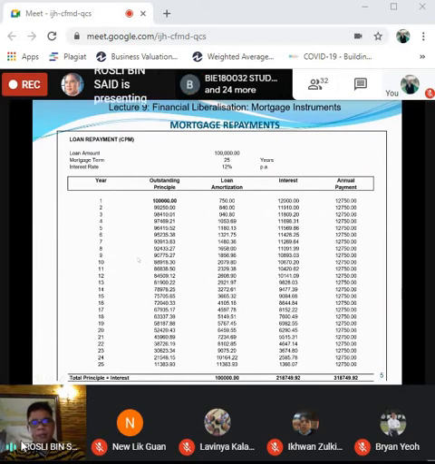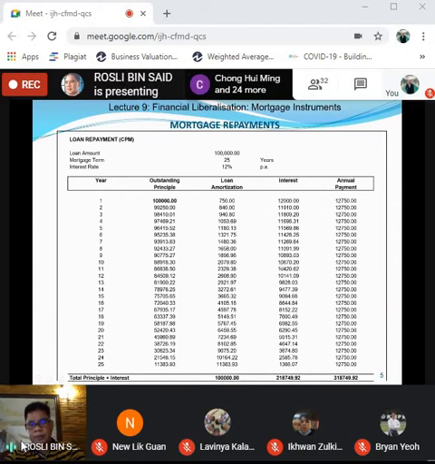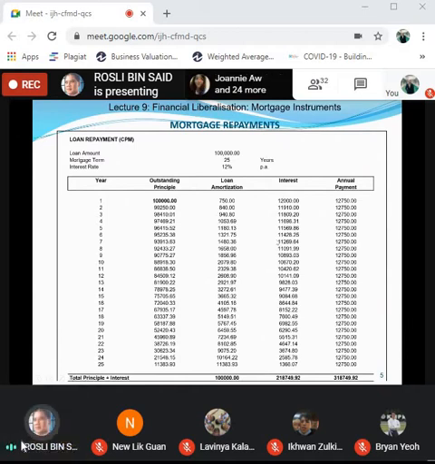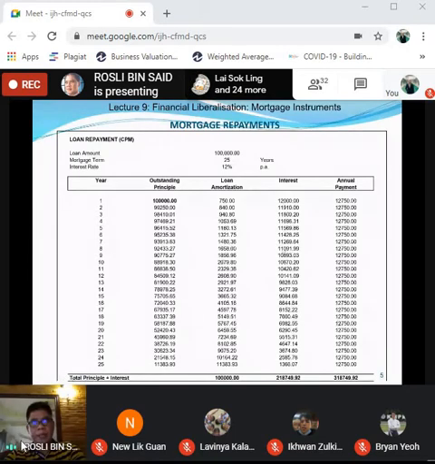But if you want to calculate the true profit, from the 30,000 just now, you have to deduct how much interest you have been paying from year 1 to year 10. If this amount is less than what you have just now, that means that's the profit that you make.